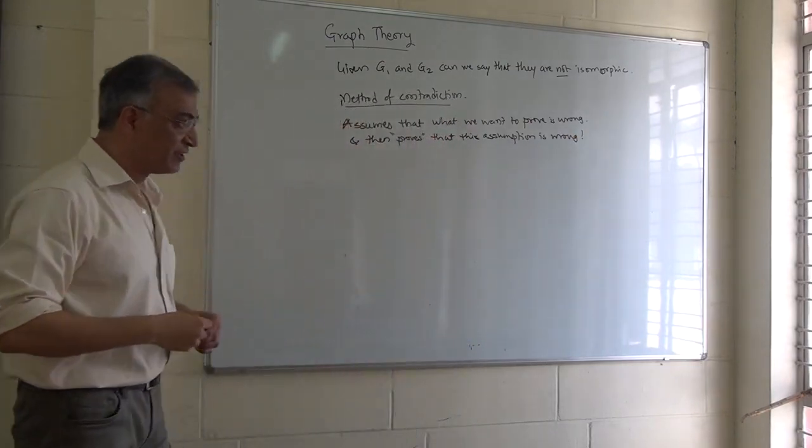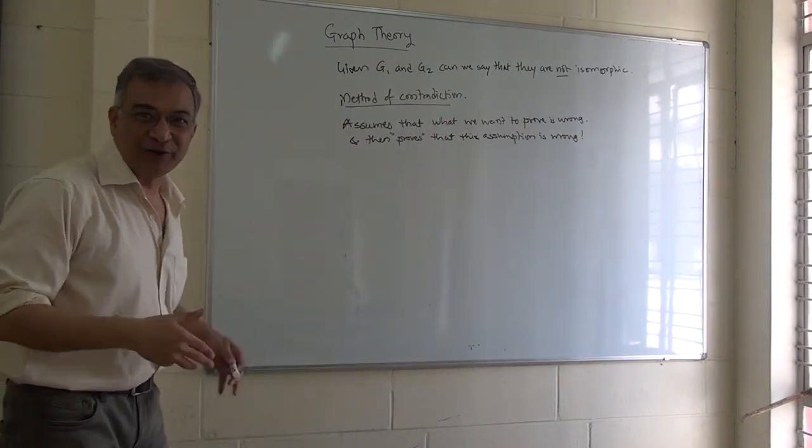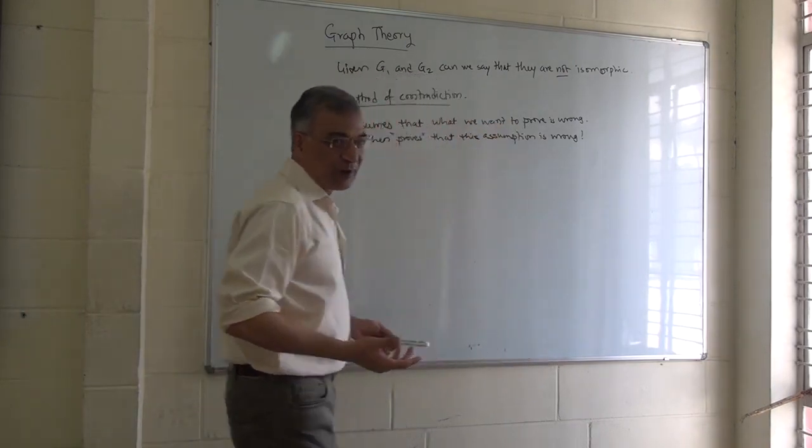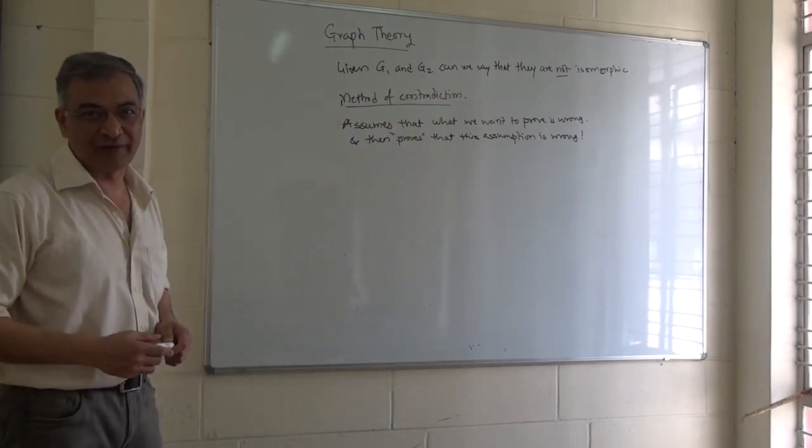So if we assume something is wrong and we prove that it is wrong, then what we want to prove must be correct. There is a simple logic to this. It's called the method of contradiction.